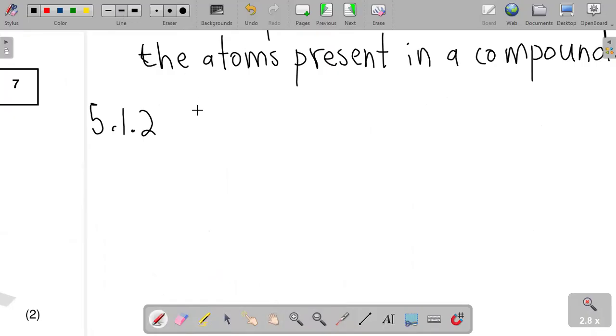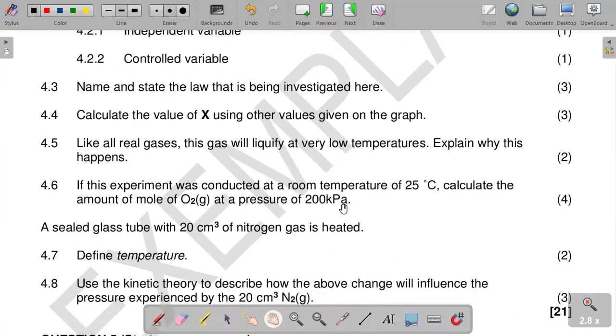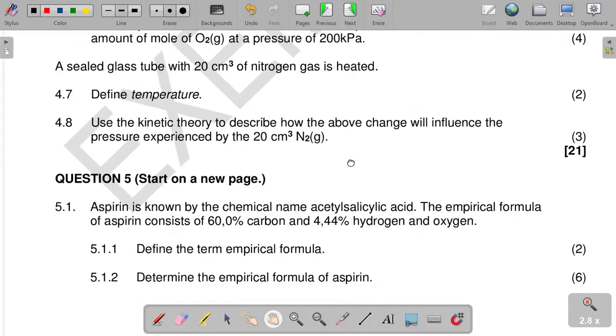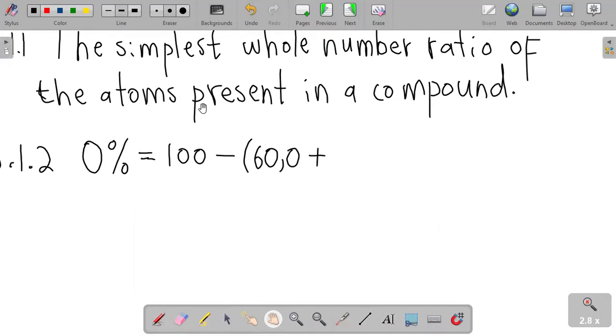The first thing we have to get here, the oxygen percentage. We're going to say 100 minus 60.0 plus the other percentage, which is how much? It's 4.44. 4.44 equals to.